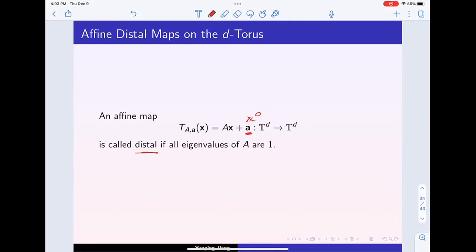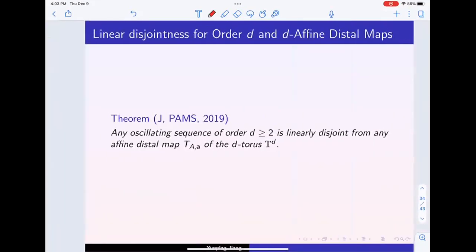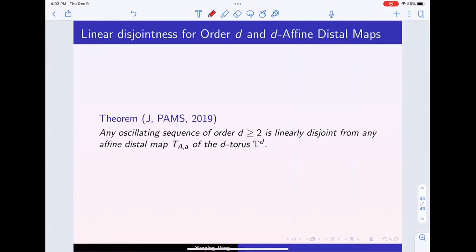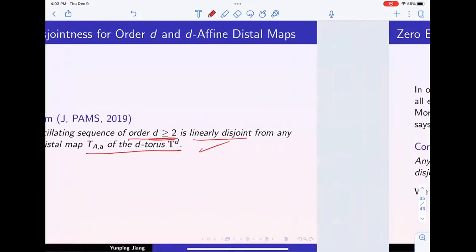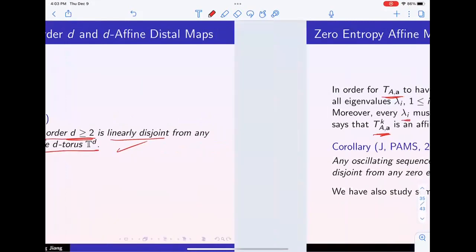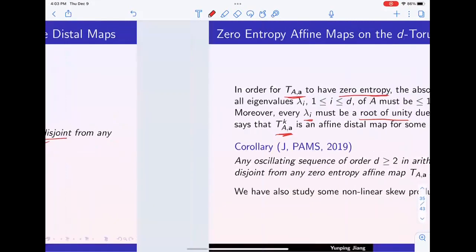So if all the eigenvalues are 1, I show the result that any oscillating sequence of order D exactly is linearly disjoint with a torus map on the D torus that's distal. But I just mentioned that if you have this entropy 0, you iterate k times and it becomes distal.